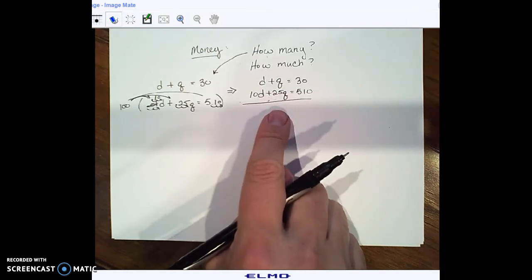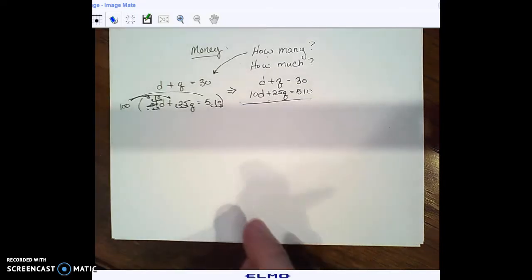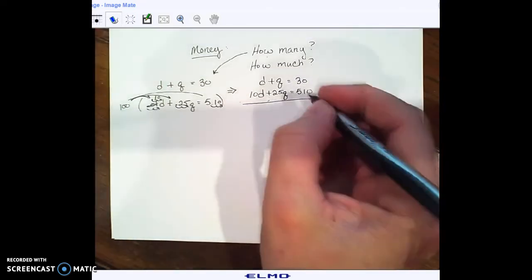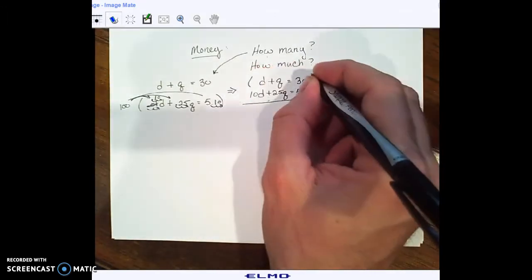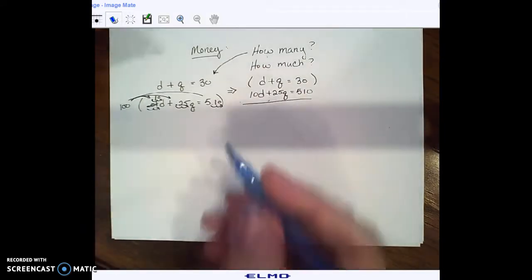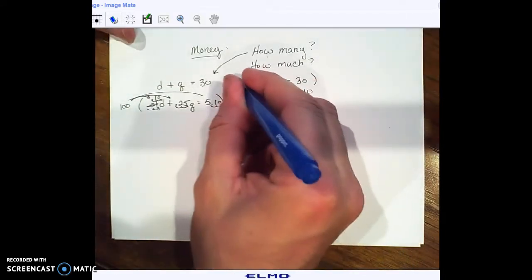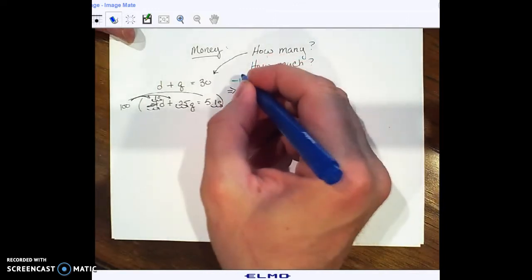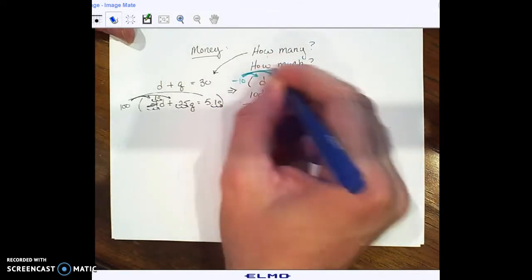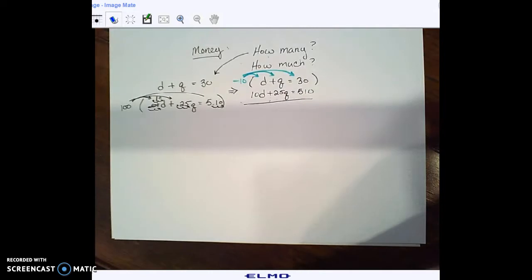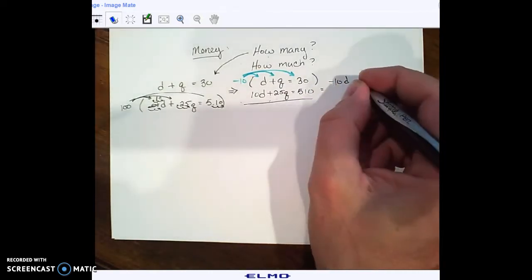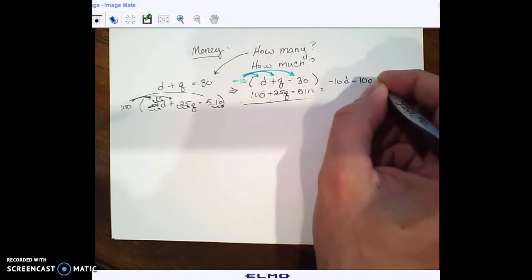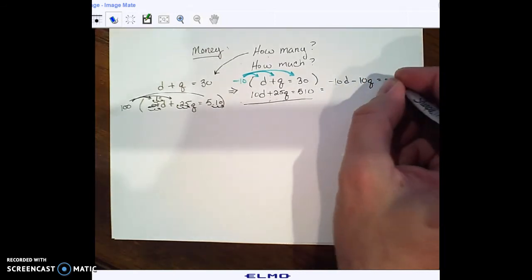Here, I'm really going to suggest that we use addition. I think addition is a good one to use here. Remember, I need the same coefficient, but I need different signs. So let's get rid of our D's and let's multiply by a negative 10. Multiplying this in, that's going to give me negative 10D minus 10Q is equal to negative 300.